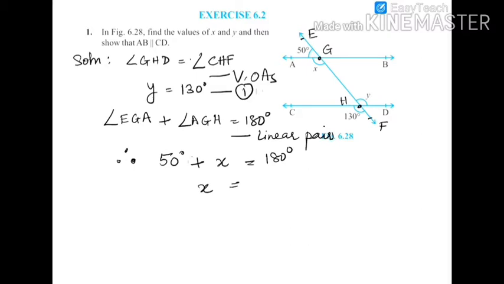Solving this equation, x is equal to 180 minus 50, which is equal to 130 degrees. Mark this result as 2. Now from 1 and 2, x and y have the same values. So this implies x is equal to y.